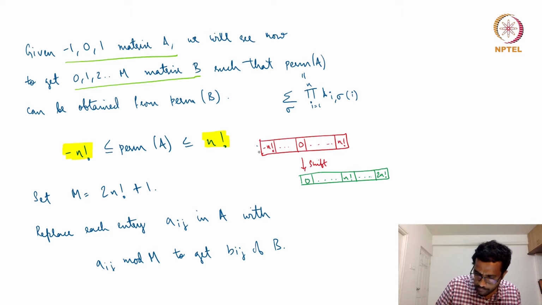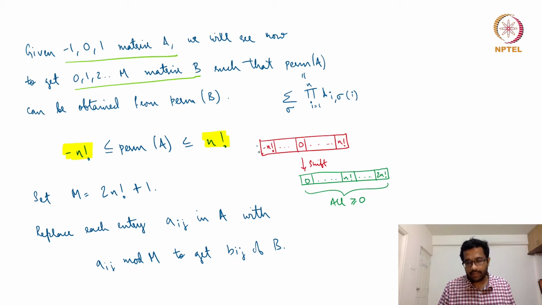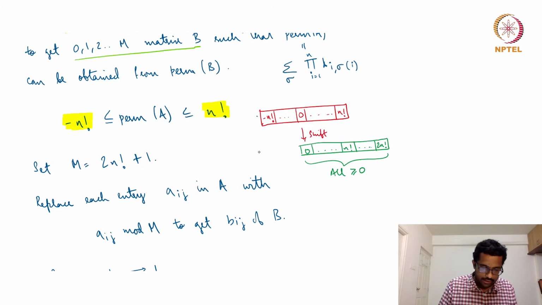We use modular arithmetic, so that the shifted values are all non-negative. We set m to be twice n factorial plus 1.